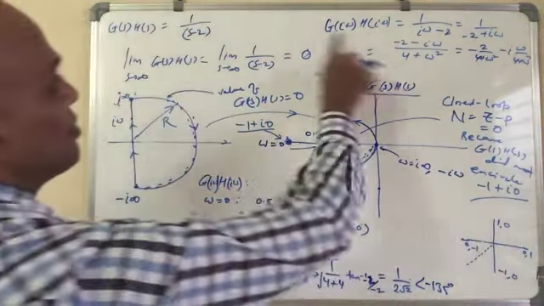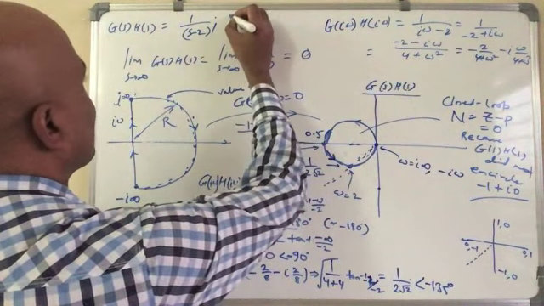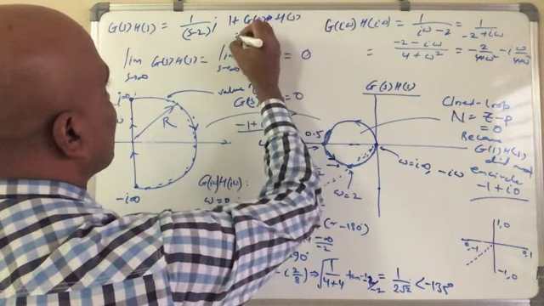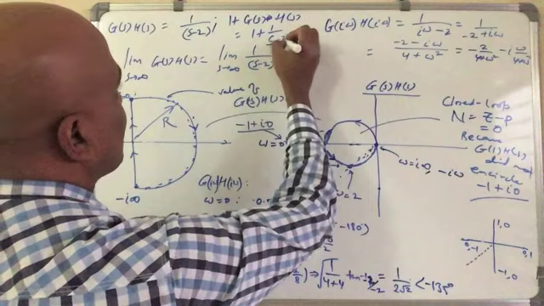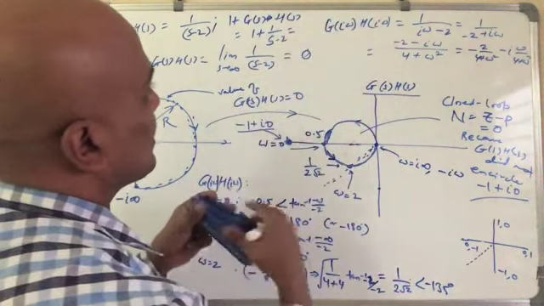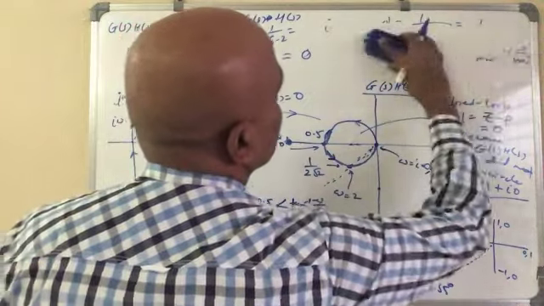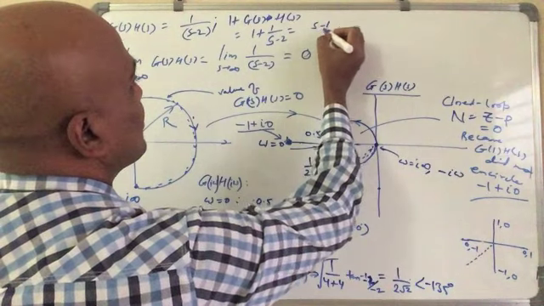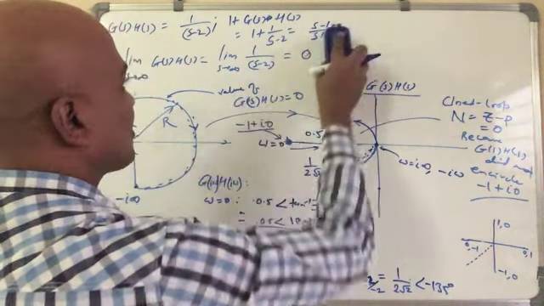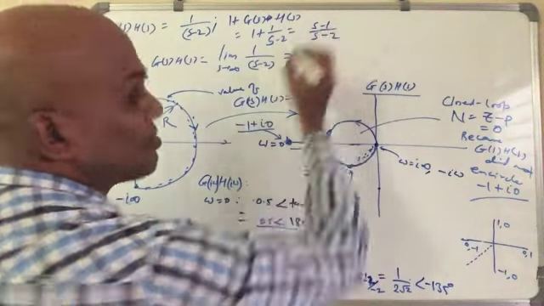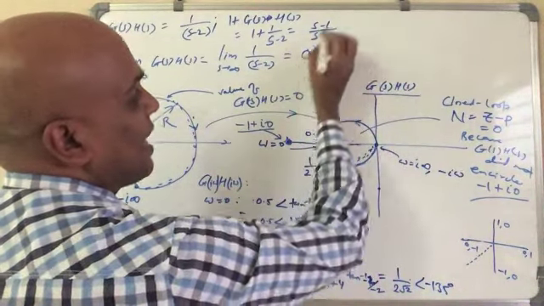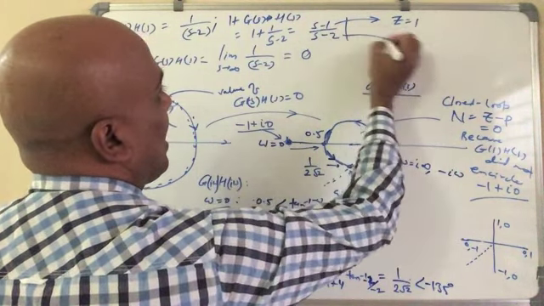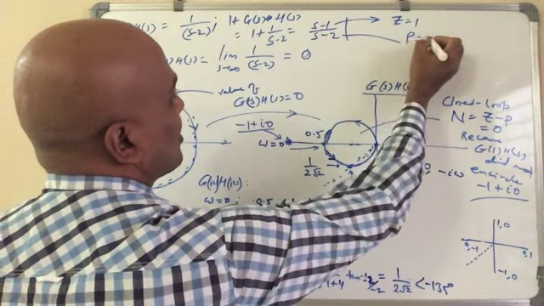So what is the closed loop? If you look at this closed loop, 1 plus GS times HS is nothing but 1 plus 1 over S minus 2, which gives S minus 1 over S minus 2. That tells you that Z equal to 1 and P is also equal to 1.